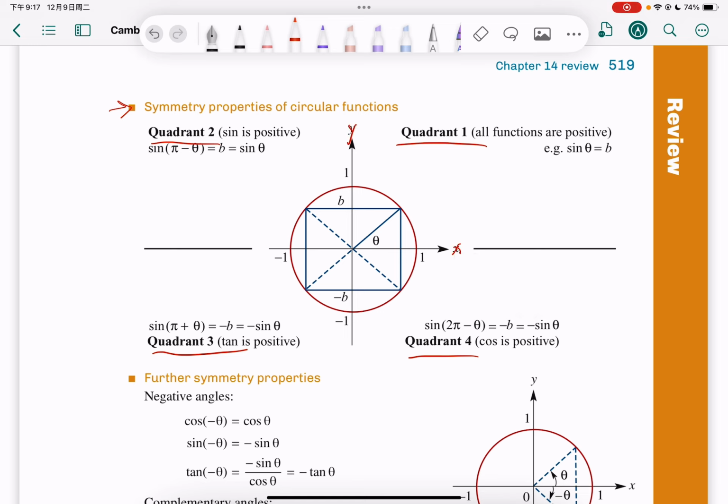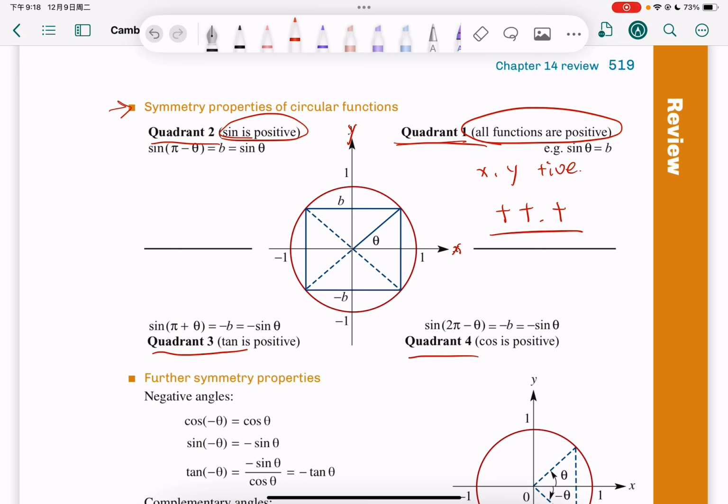If x and y are both positive, then we are in the first quadrant, where sine, cosine, and tangent are all positive.